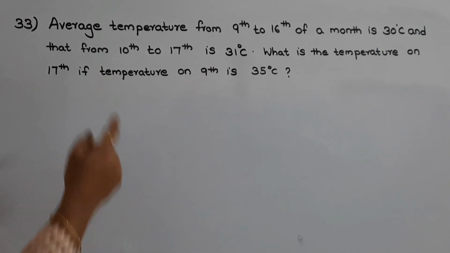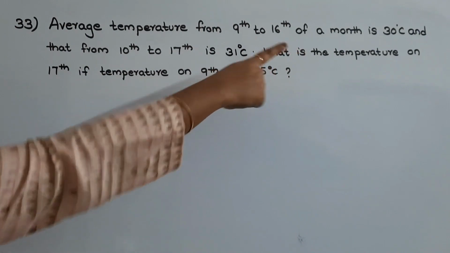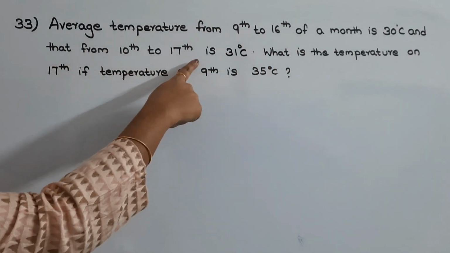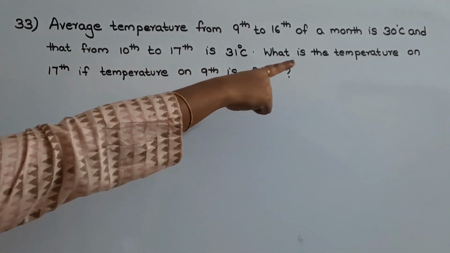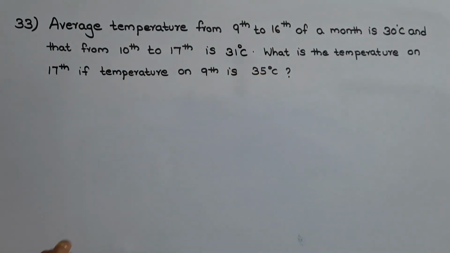The next question is, the average temperature from 9th to 16th of a month is 30 degrees Celsius and that from 10th to 17th is 31 degrees Celsius. What is the temperature on 17th if the temperature on 9th is 35 degrees Celsius?